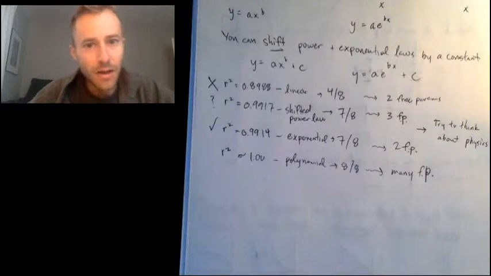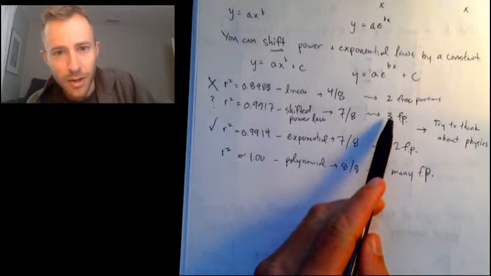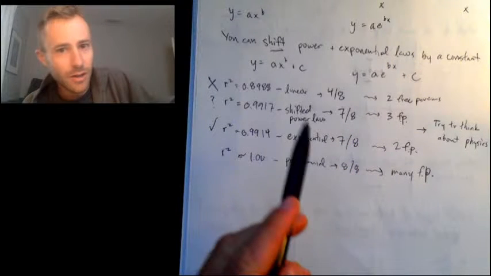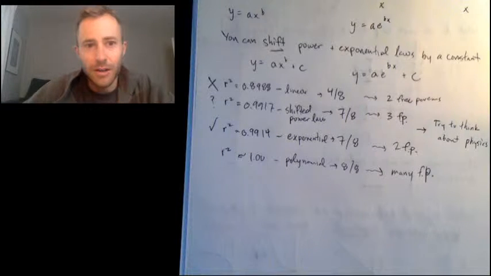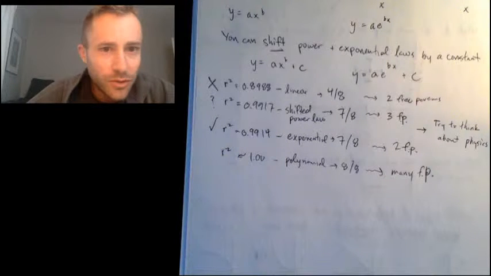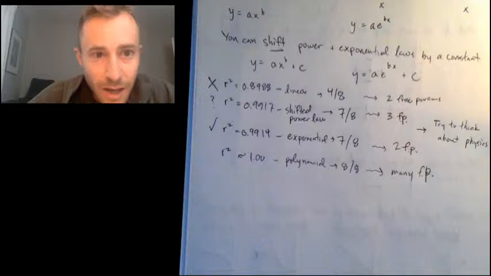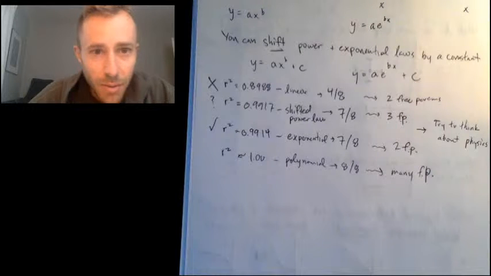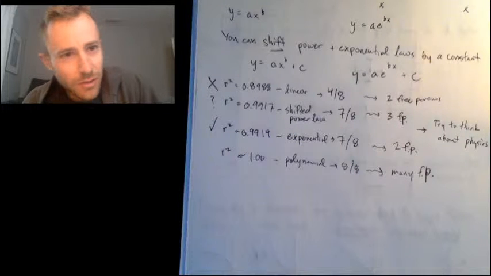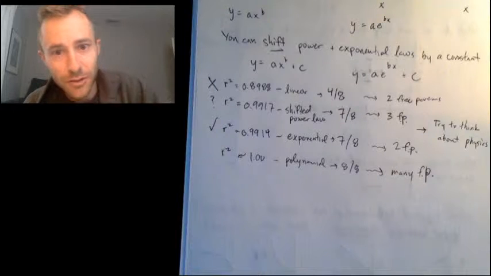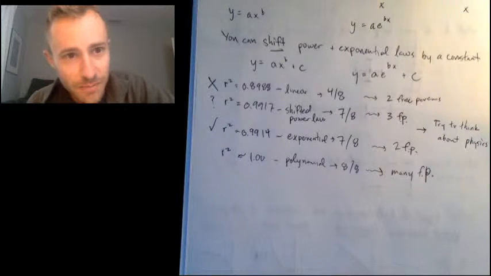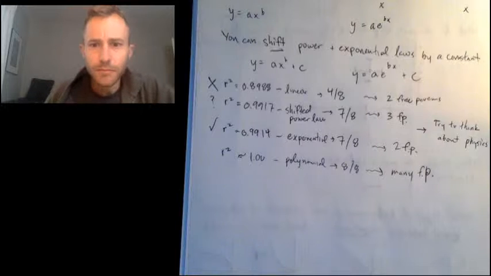So even though this is a more complicated model, I would still go with the shifted power law if this was data coming from kinematics. If this was data coming from radioactive decay, power laws are not present in radioactive decay. There's exponential decay all over the place. So I would go with exponential. You see what I'm saying?